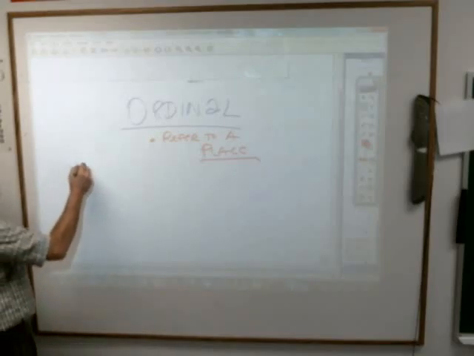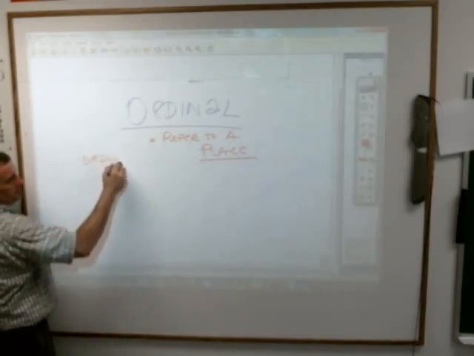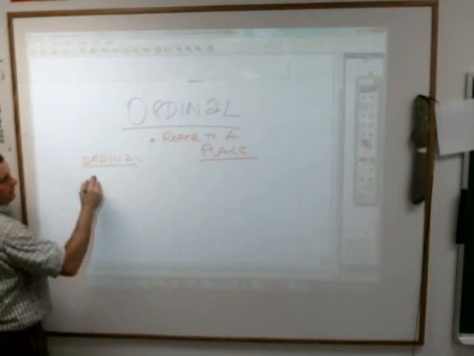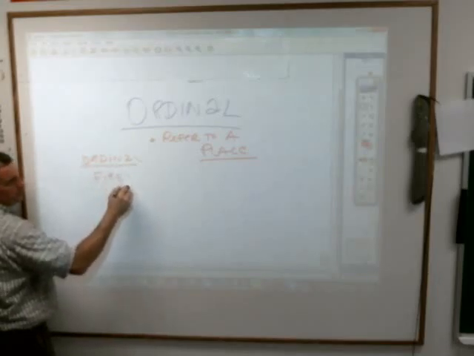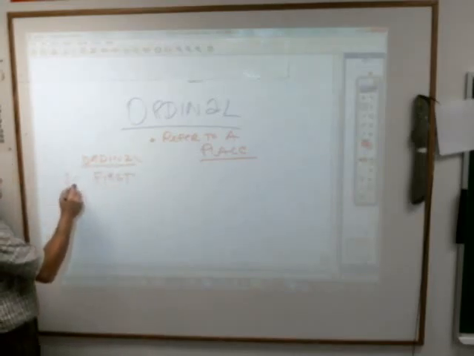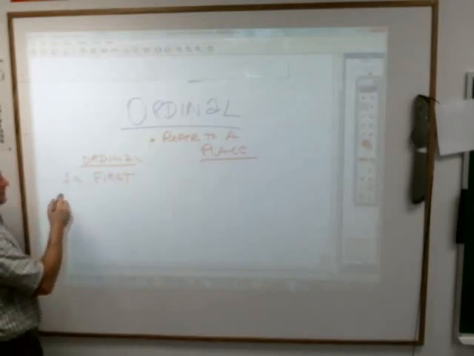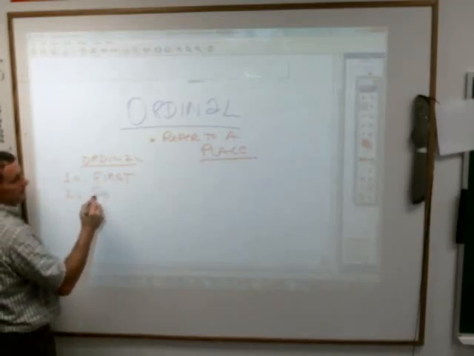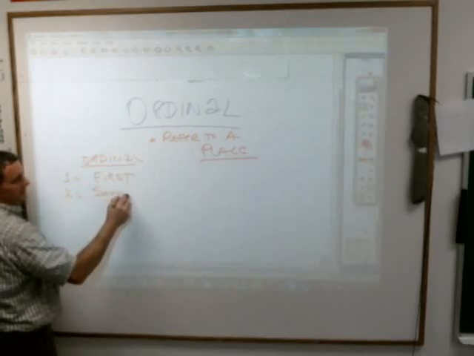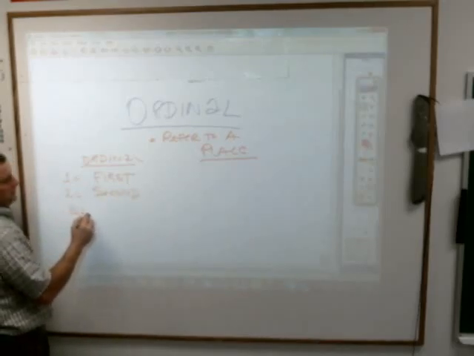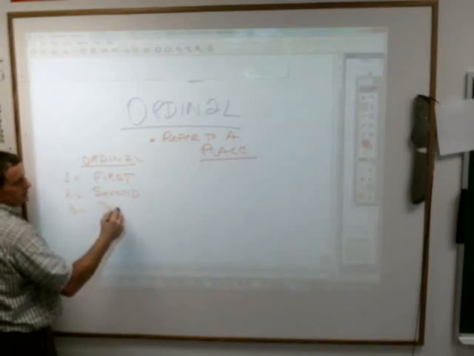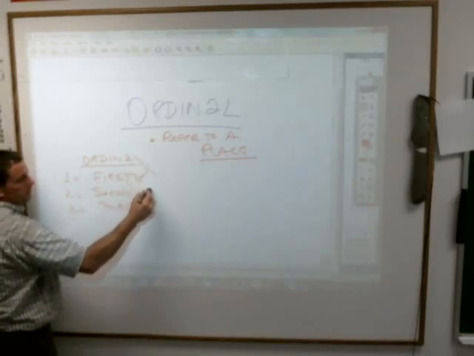We use the ordinal for that, which is first place. 2 place is, it's even hard to say 2 place. We call that second. 3 is third. These are the ordinals.